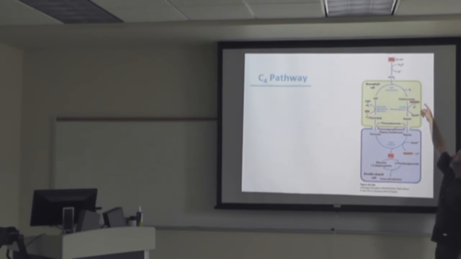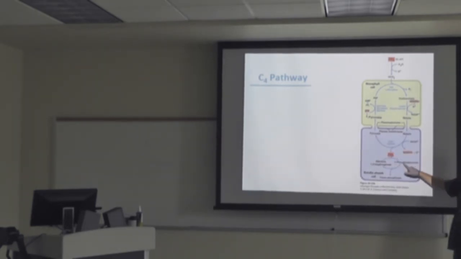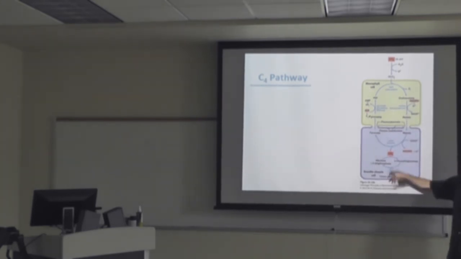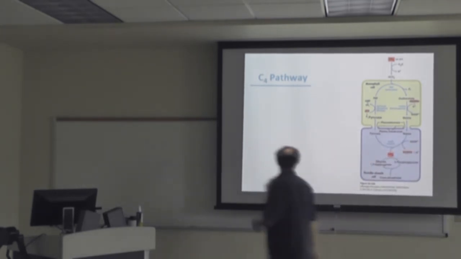Oxaloacetate can then be reduced to malate and transported into the bundle sheath cell, where malate gets reoxidized and decarboxylated to pyruvate, and then the carbon dioxide can combine with ribulose 1,5-bisphosphate to form 3-phosphoglycerate, and you get the normal carbon assimilation there.